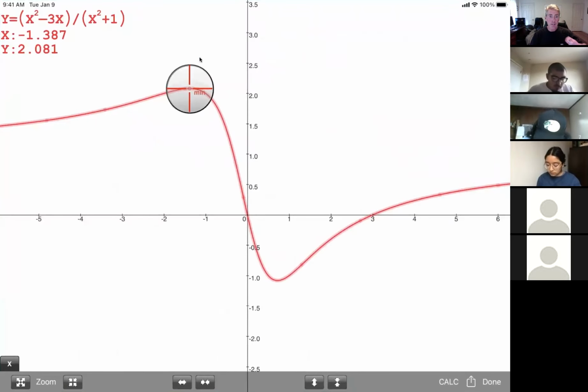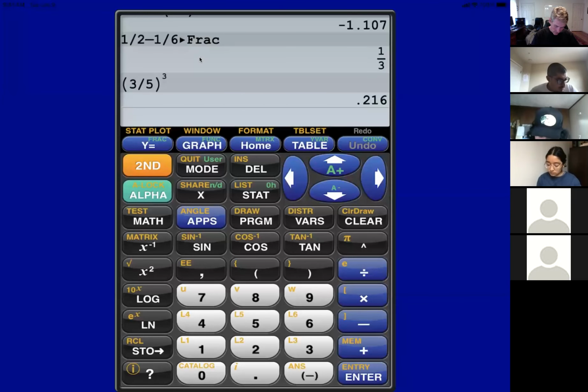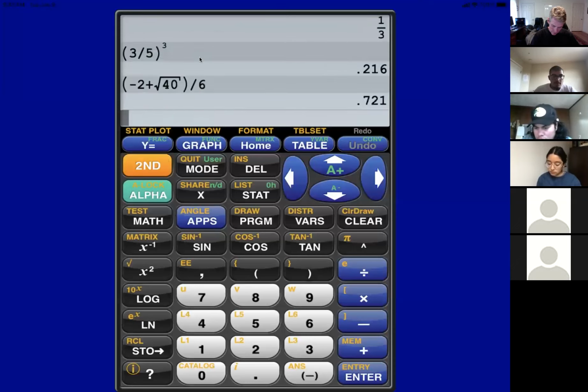And hopefully negative 1.387 is going to be one of them. So we've got negative 2 plus the square root of 40. And then put all of that in parentheses and divide it by 6. So 0.721, I think that was the first answer I got.